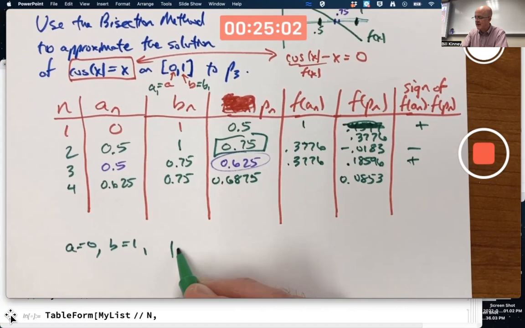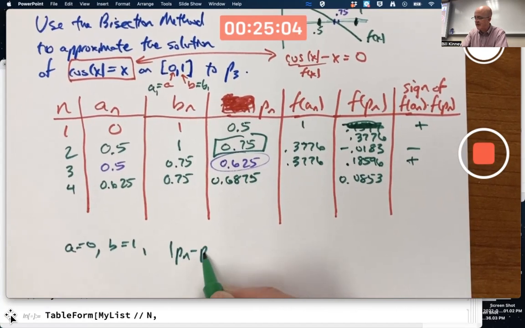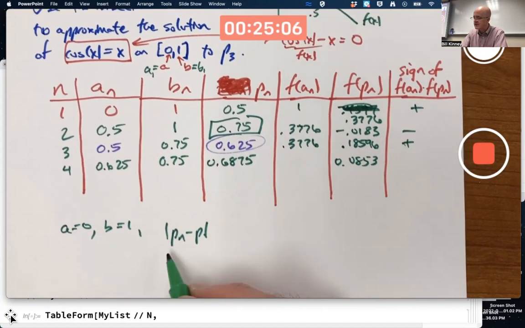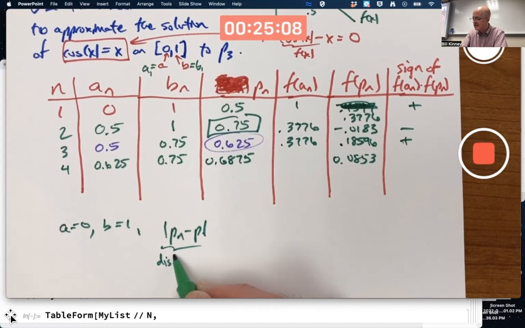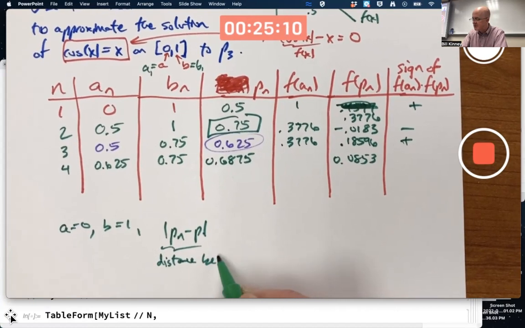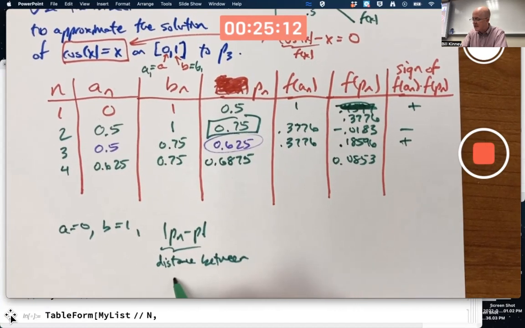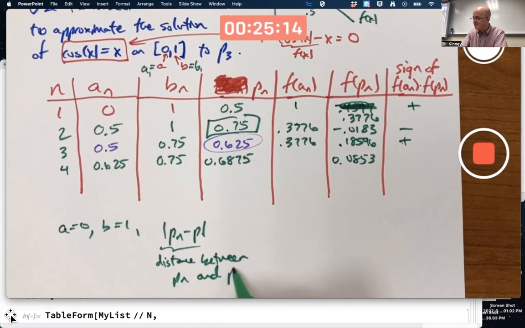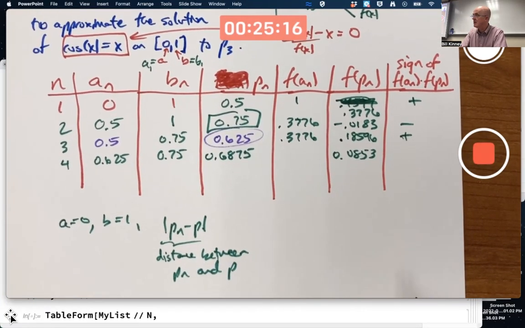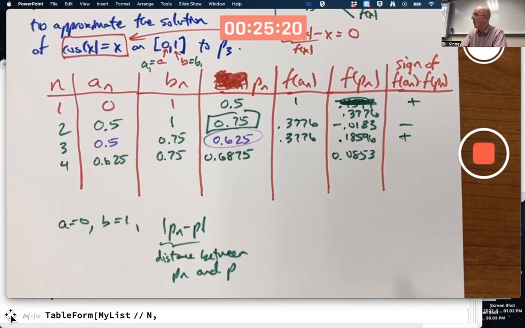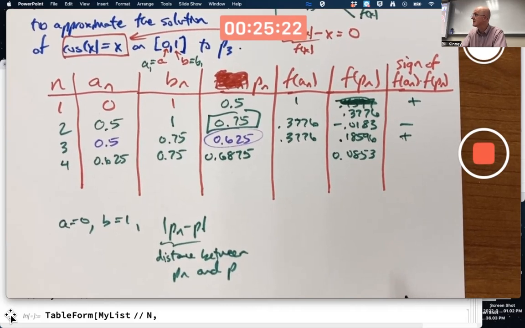And that theorem said the absolute value of Pn minus P, which is the distance between Pn and P on a number line. The absolute value of the difference of two numbers always represents the distance between them. Always remember that in this course.